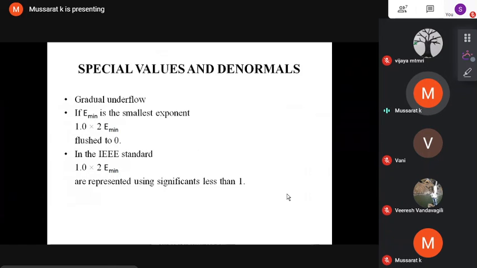In the IEEE standard, on the other hand, numbers less than 1.0 times 2 to the e minimum are represented using a significand less than 1. This is called gradual underflow.